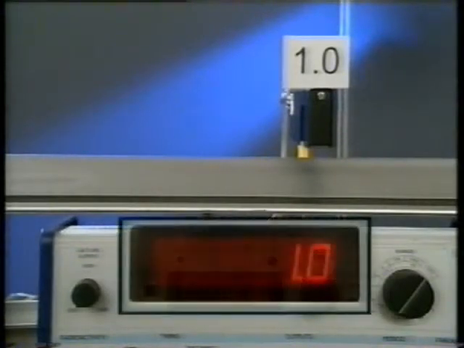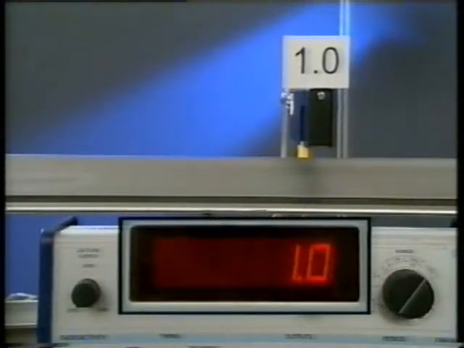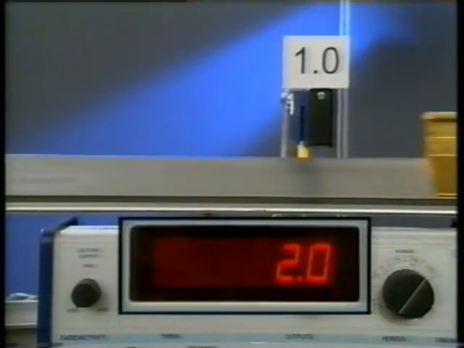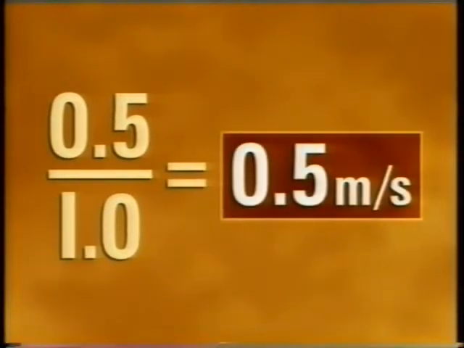The timer reads 1 second at the start of the next half metre, and 2 seconds at the end. Again, distance travelled is 0.5 metres and time taken is 1 second, so the average speed is still 0.5 metres per second.